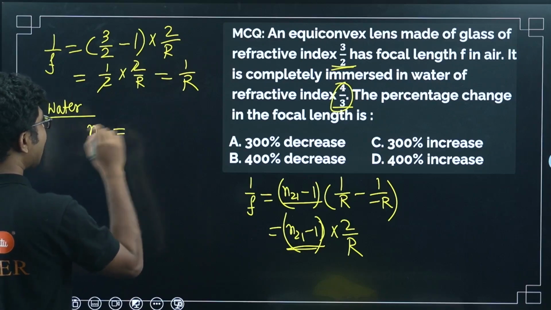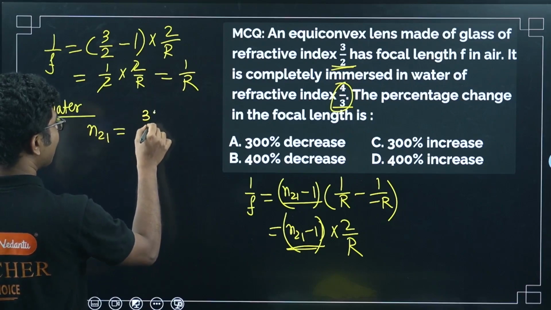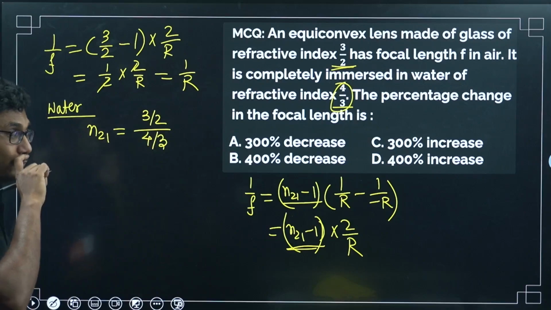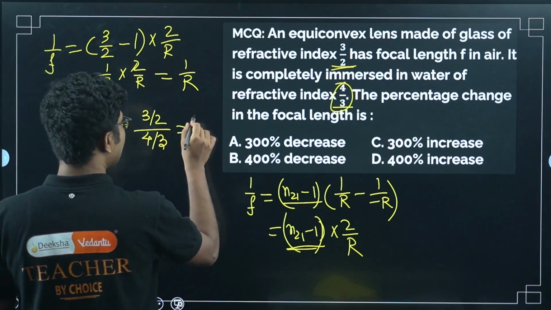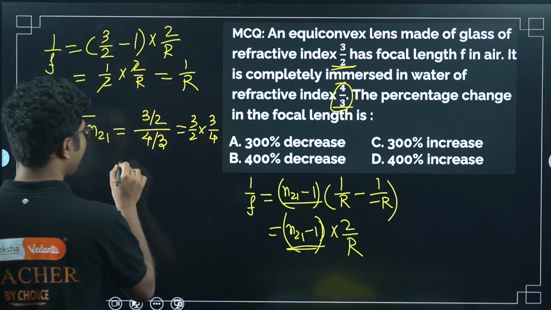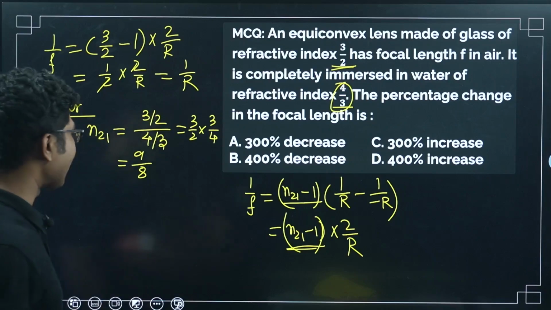N21 is refractive index of the second medium divided by the first, that is 3 by 2 divided by 4 by 3. Right? I told you to remember this. So it will be 3 by 2 times 3 by 4. So it will become 9 by 8. So 9 by 8 is the new refractive index.